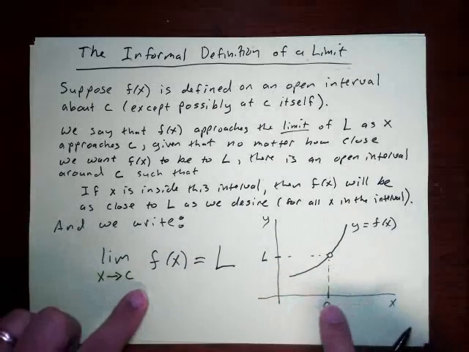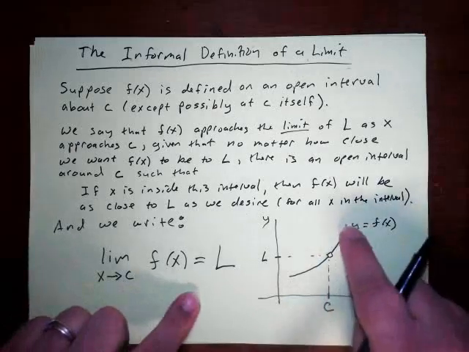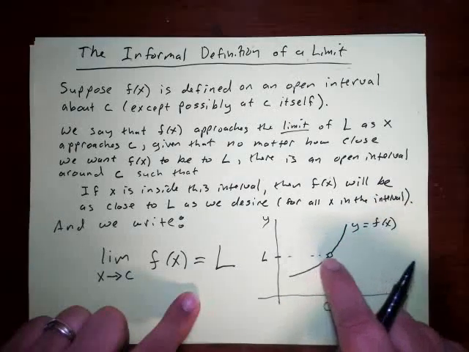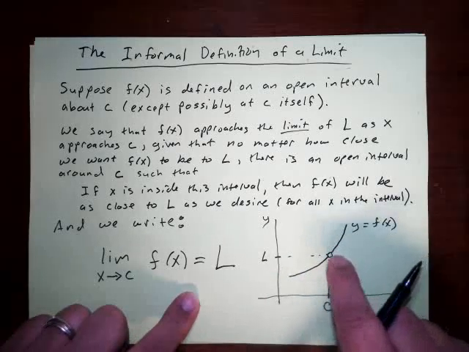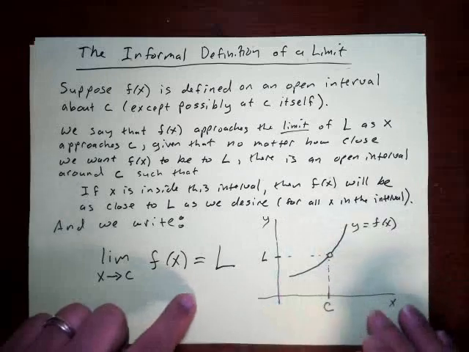So that's the idea, okay? As your x values approach c, the limit of the function is L if, as x gets closer to c, the function gets closer to whatever that L value is.